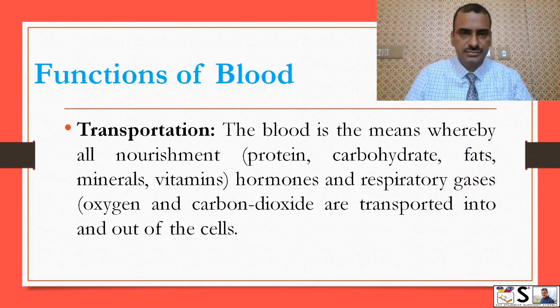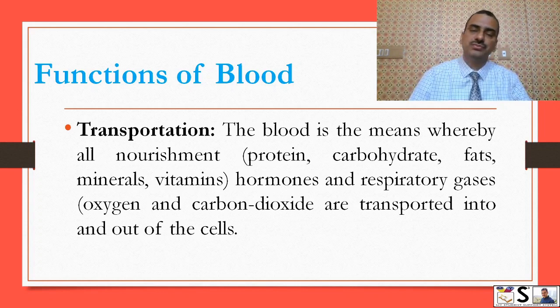Functions of blood. Blood mainly has the function, as you know, to transport oxygen and carbon dioxide. But apart from this, it has many other functions. We can group these functions under headings. First heading is transportation.